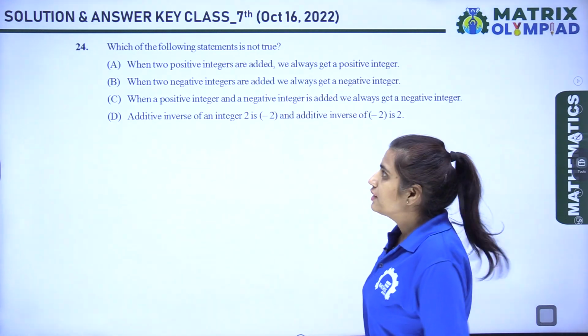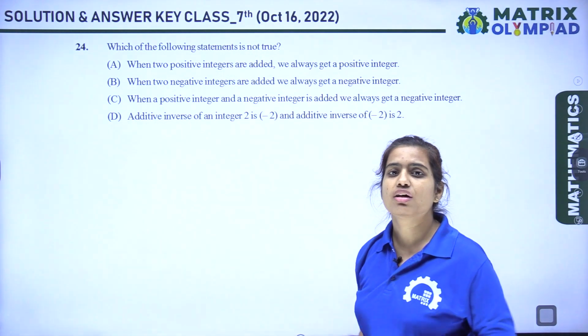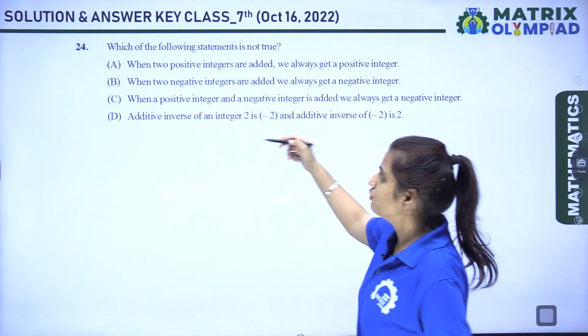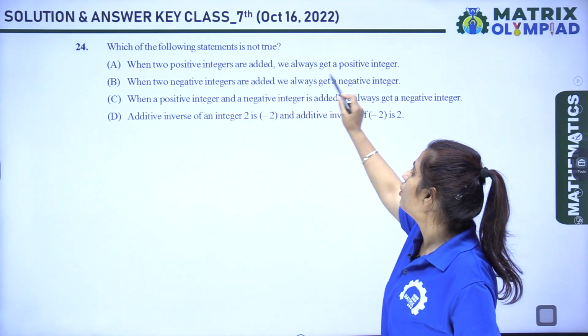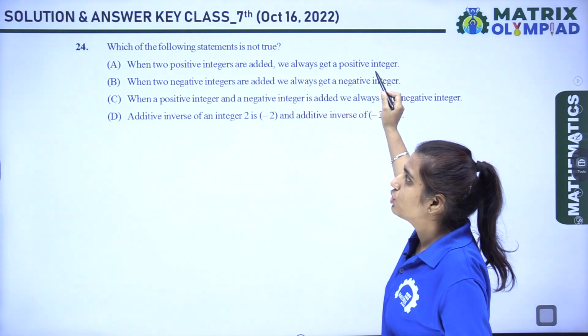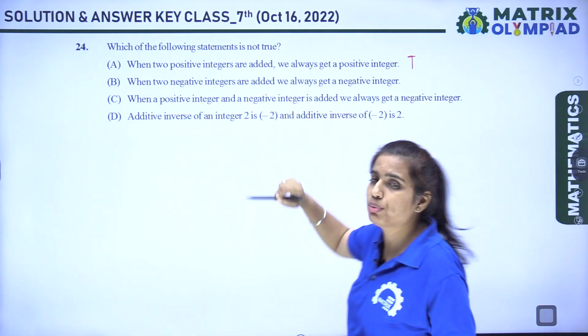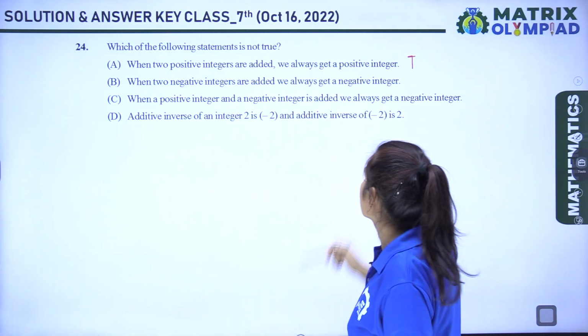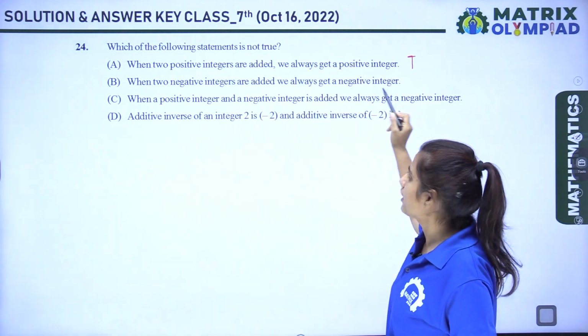The next question is, which of the following statements is not true? We have to find out the incorrect statement out of these 4 options. When 2 positive integers are added, we always get a positive integer. Yes, this is a true statement. Next, when 2 negative integers are added, we always get a negative integer.